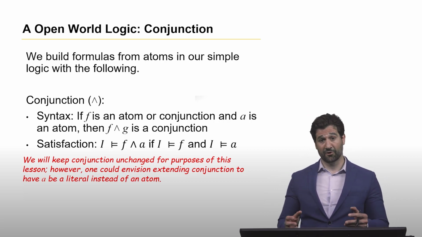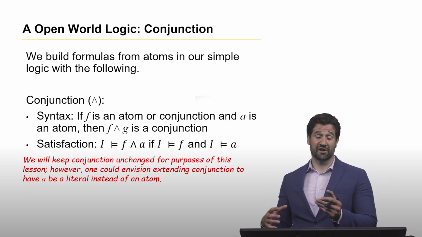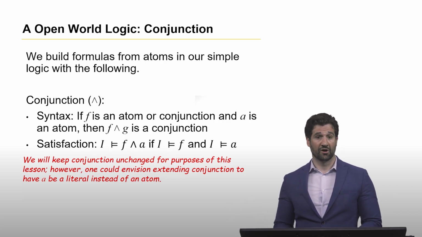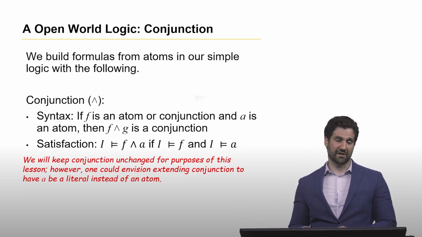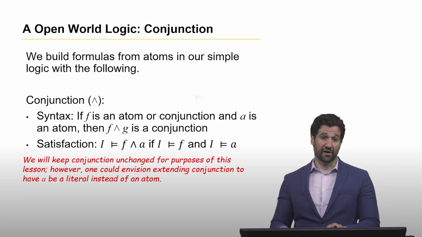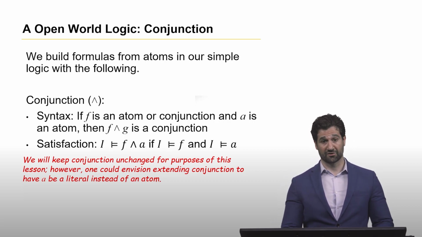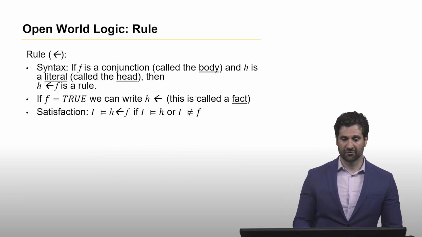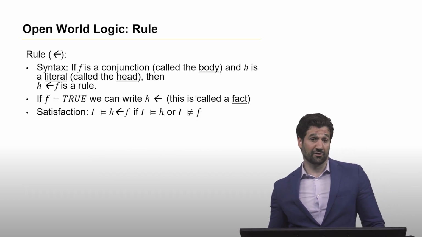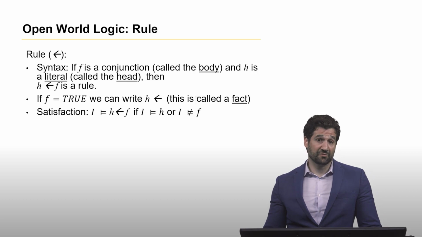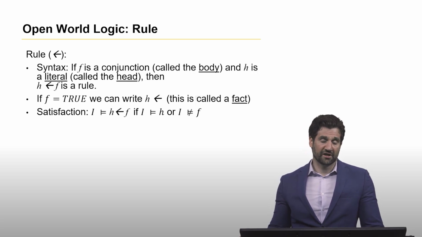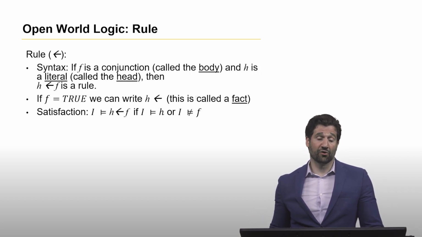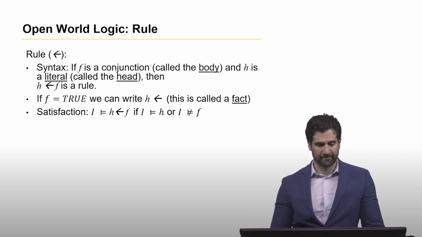If you recall from earlier, we used the conjunction just to set up the body of a rule. We're taking this step by step, so for now, we're not going to have negation in the rule body, so we're not going to have it in the conjunction. But in the rule, we're going to allow a literal to be in the head. And this means you can now conclude either a positive or a negative aspect of reality.